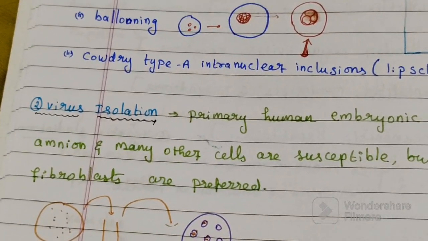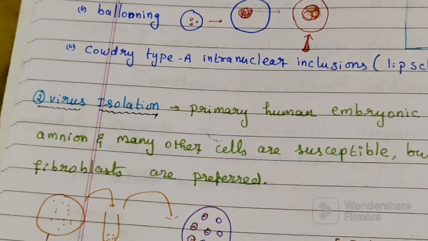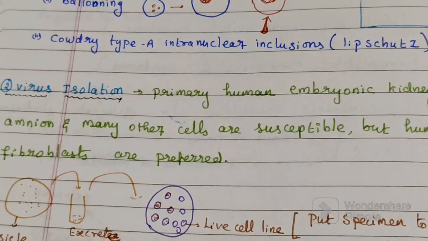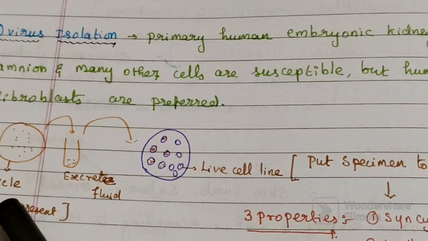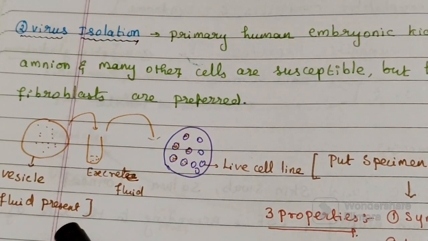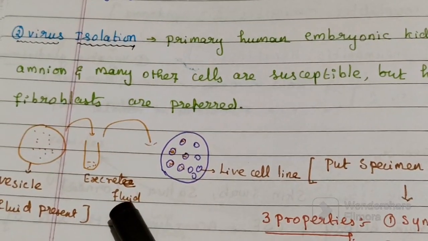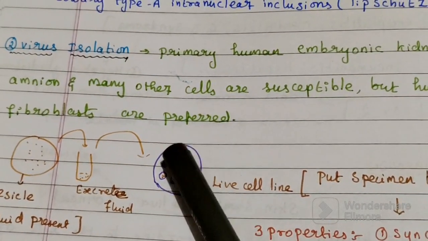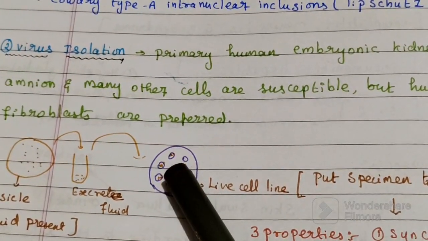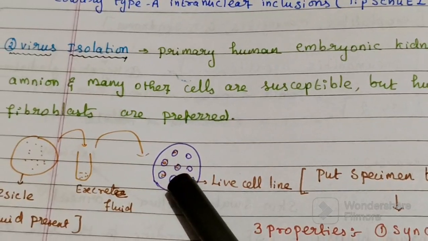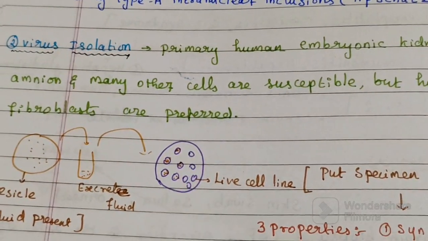Second is virus isolation. How do we isolate the virus in tissue culture? Inside the vesicle, fluid is present, so extract the fluid into a test tube, then take a live cell line and put your specimen onto the cell line.